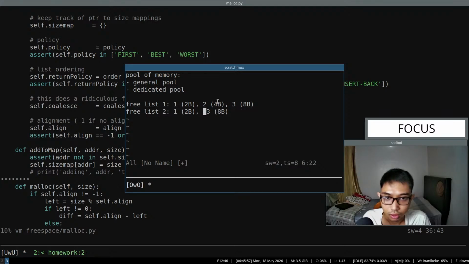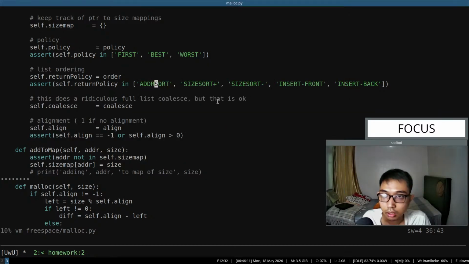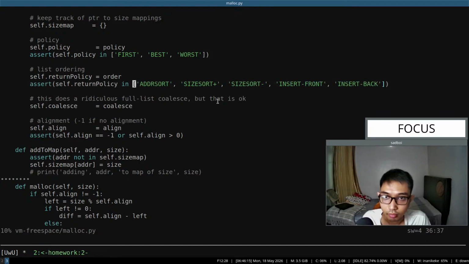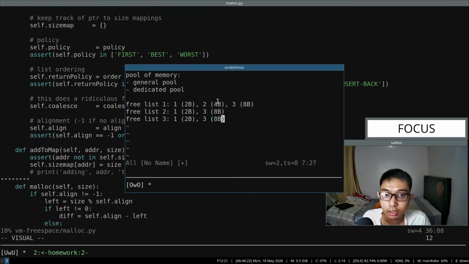Yeah, we remove this. And after we free the used memory, we can return it according to this policy.